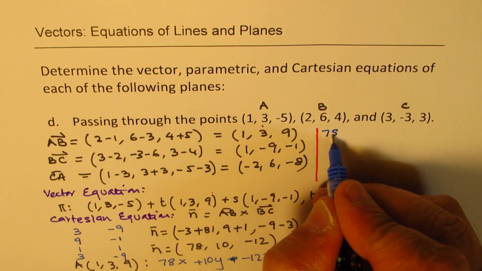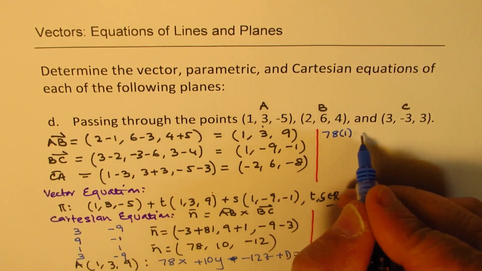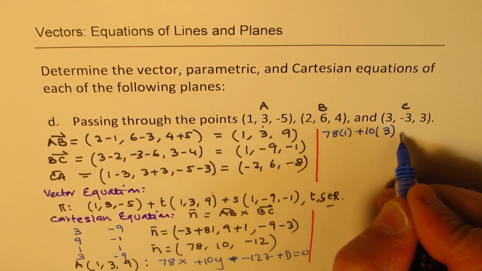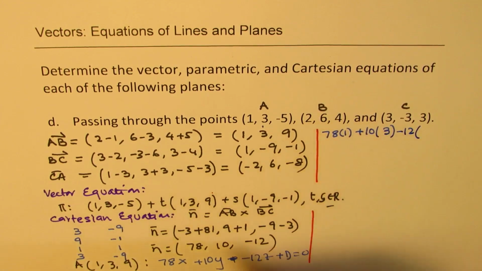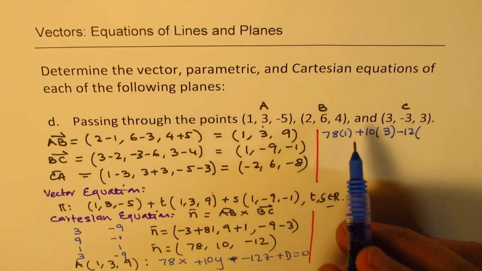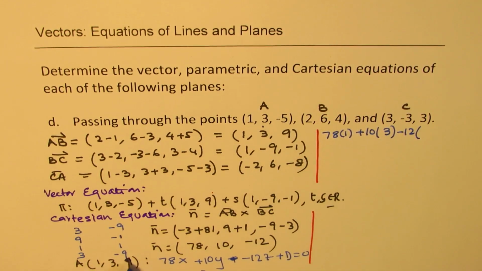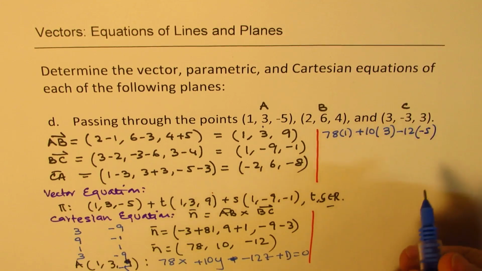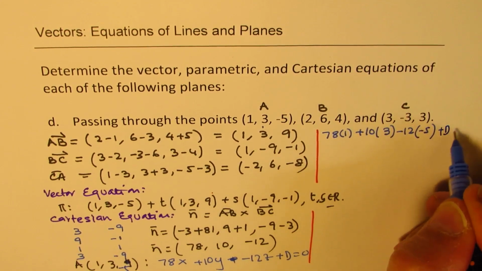So we get 78 times 1 plus 10 times 3 minus 12 times, this point is 1, 3, minus 5, sorry, minus 5, plus d equals 0.